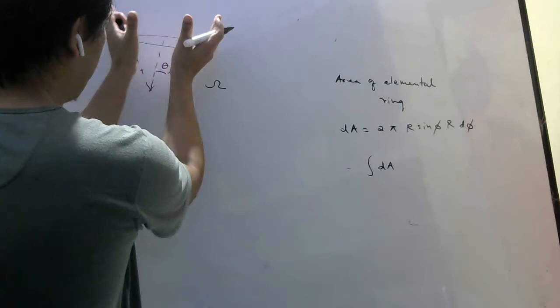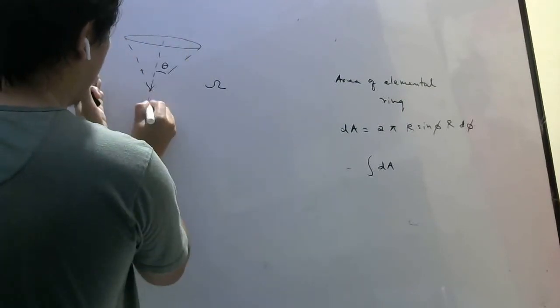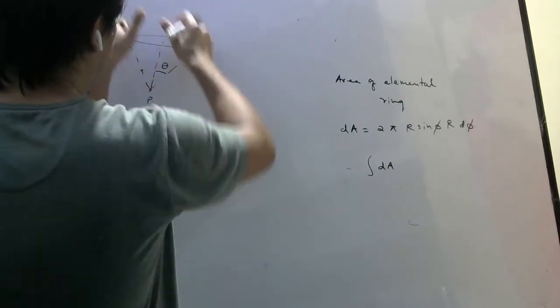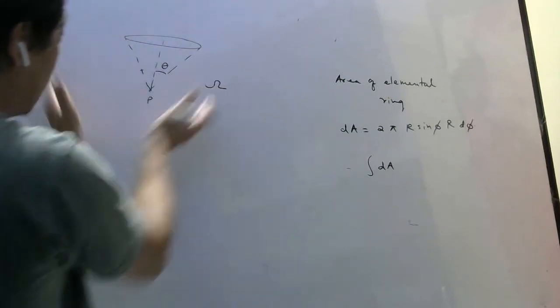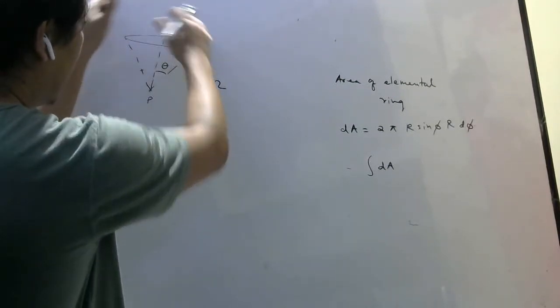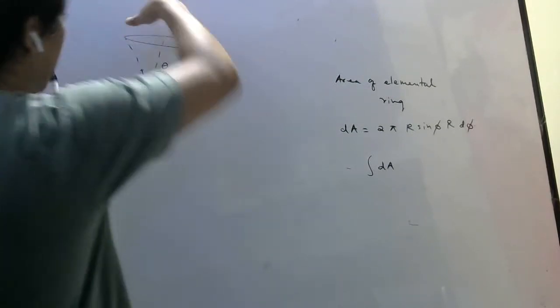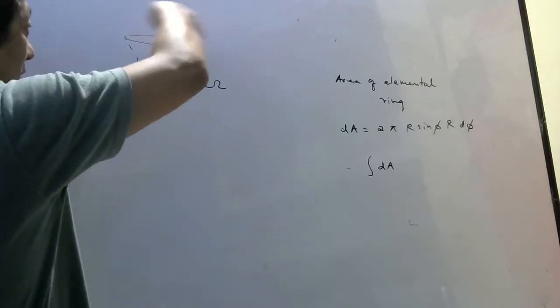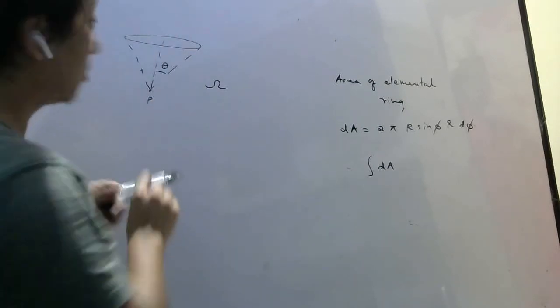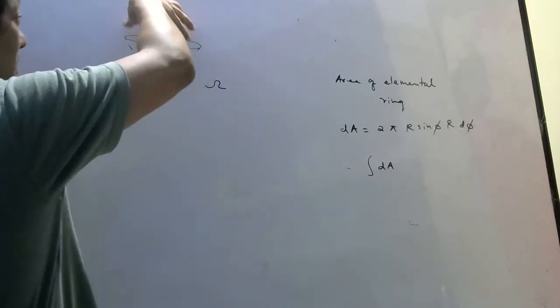The solid angle made by this ring at this point will be the area of the cap, because you have to imagine a sphere to define solid angle. Whatever solid angle this will subtend, the same this will subtend.